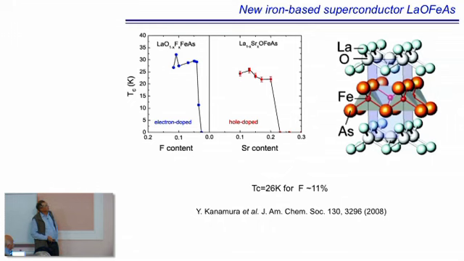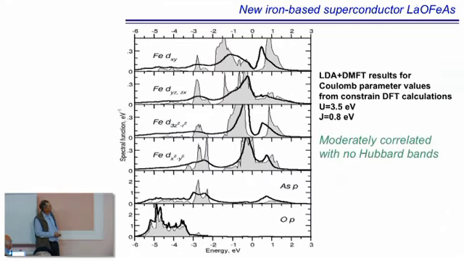Here is this novel iron pnictide superconductor. And that's how we try to understand, is it correlated or not? The problem is that we have very strong hybridization between d states and p states of arsenic.